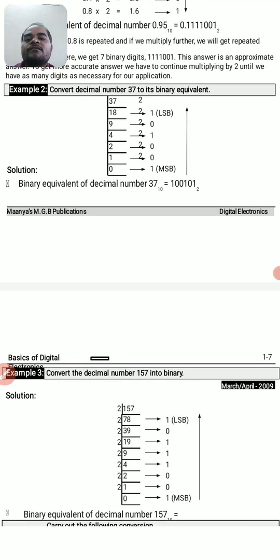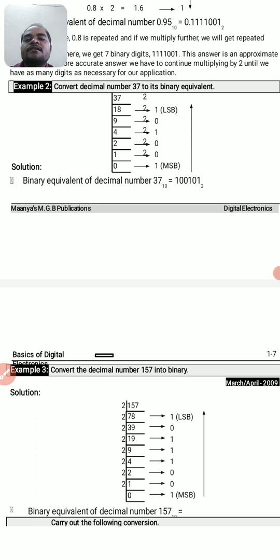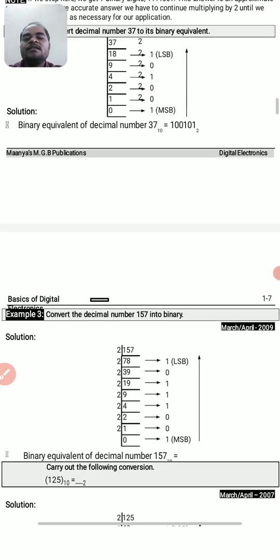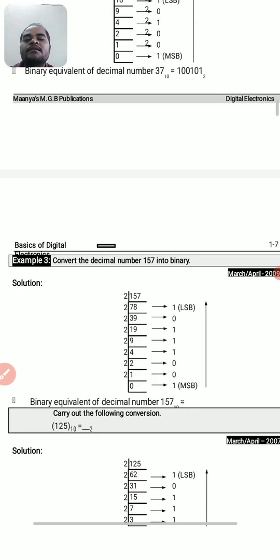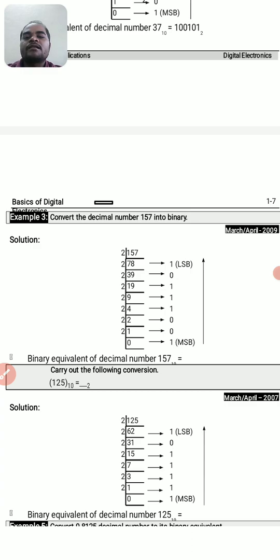So the binary equivalent of the decimal number 37 is 100101 base 2.